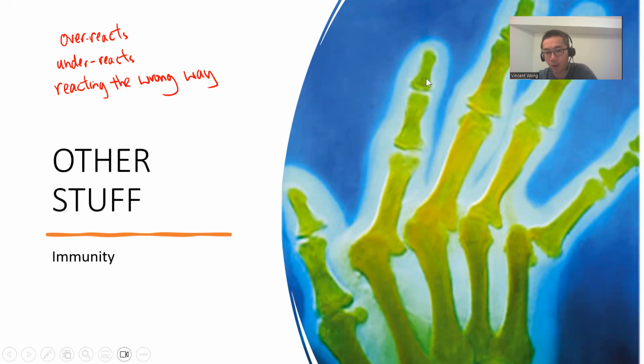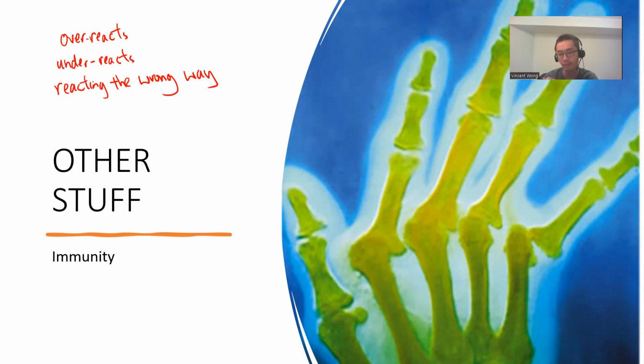By the way, anybody know what's wrong with the hand here? What kind of disease is this? Arthritis. Yes, but not just any kind of arthritis. Do you know which kind it is, maybe? Okay, most of us are familiar with osteoarthritis. That's the one where, as we age, our joints get a little bit inflamed because of wear and tear.